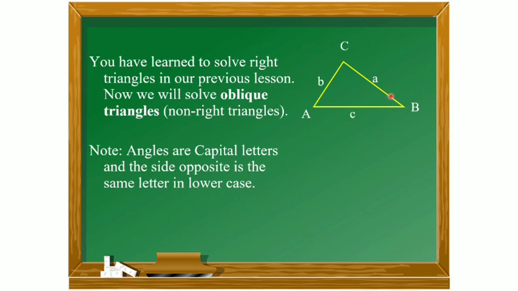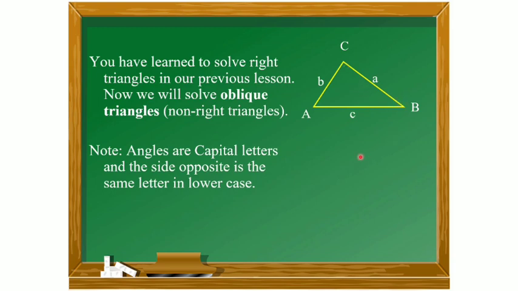For example, angle B, its adjacent sides are side a and side c, while angle A, its adjacent sides are side b and side c. In angle C, the adjacent sides are side b and side a.